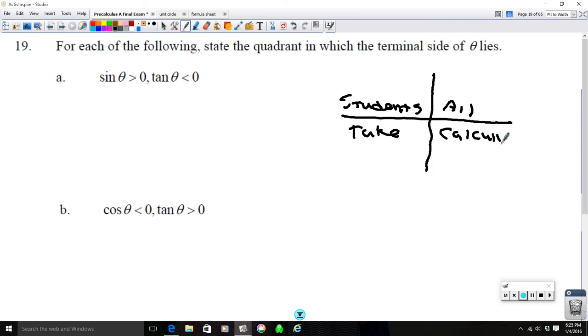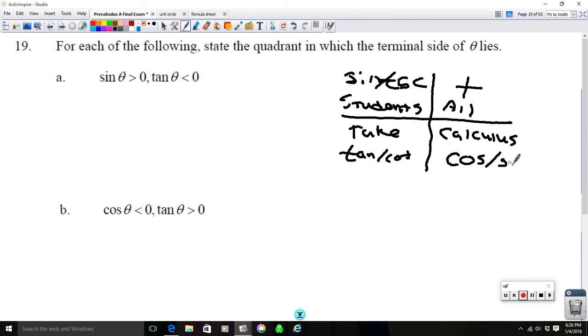And what that reminds you of is that all are positive in quadrant 1, sine and cosecant are positive in quadrant 2, T is for tangent, and tangent and cotangent are positive in quadrant 3, and calculus is C for cosine, so cosine and secant are positive in quadrant number 4.